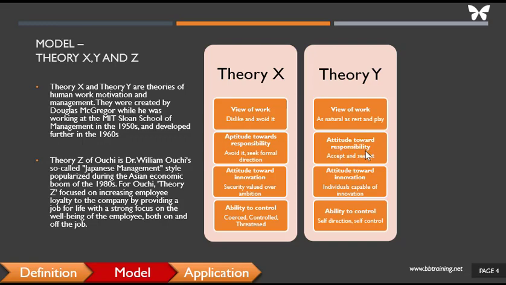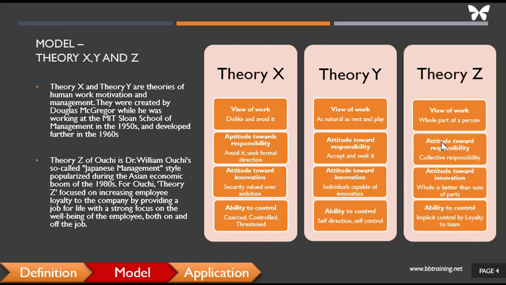They like to take responsibility, accept and seek responsibility. Attitude towards innovation: individuals are capable of innovation, and if given freedom, they would love to innovate. The ability to control: self-direction and self-control, which means Theory Y says give them space, give them opportunities, and they will automatically control themselves. That's Theory Y.